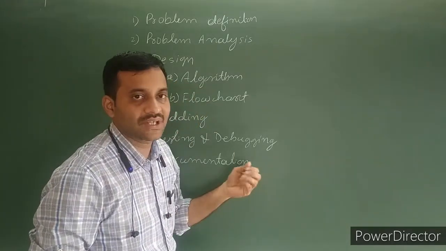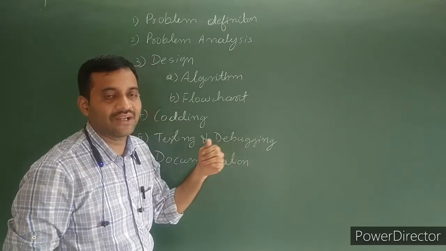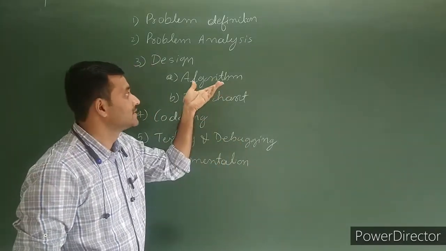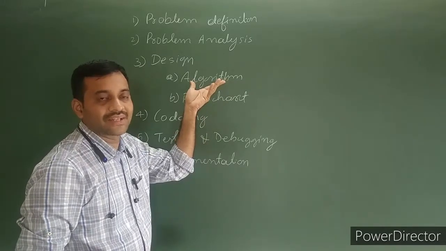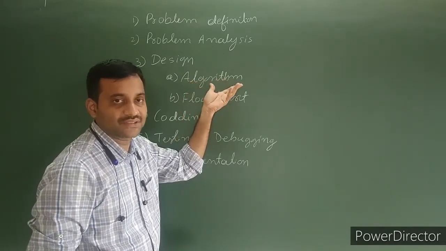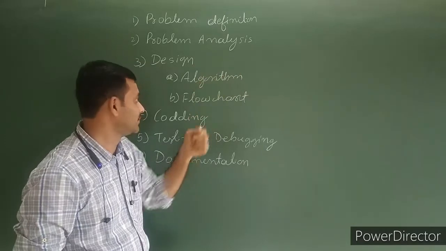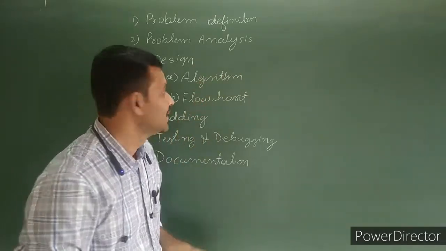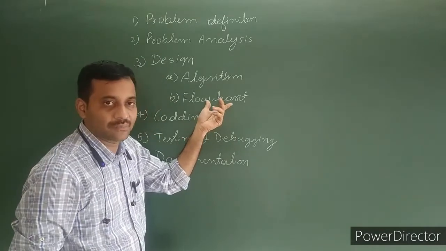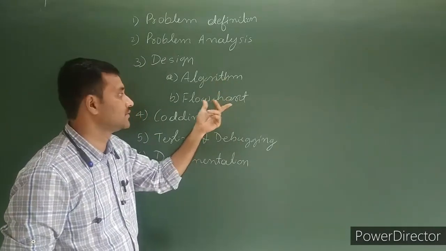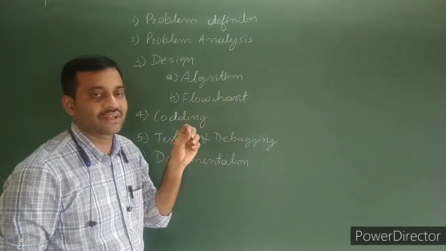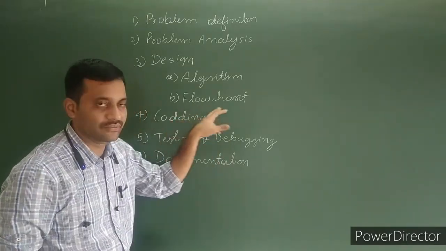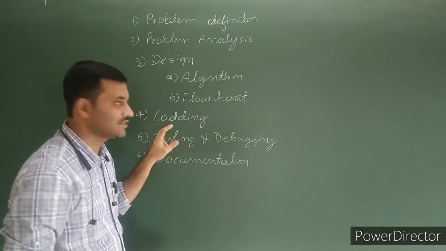Algorithm is a step-by-step well-defined instructions to solve our problem. Then flowchart is a diagrammatic representation of the algorithm. Here we use basic flowcharting diagrams to construct a flowchart.